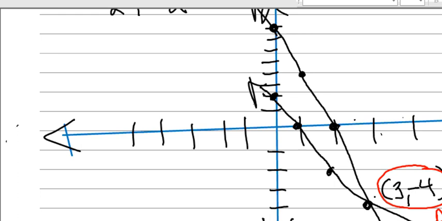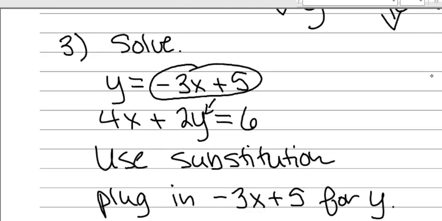So moving on to page 2. Number 3, I have a solve the systems. I've got y equals negative 3x plus 5 and 4x plus 2y equals 6.